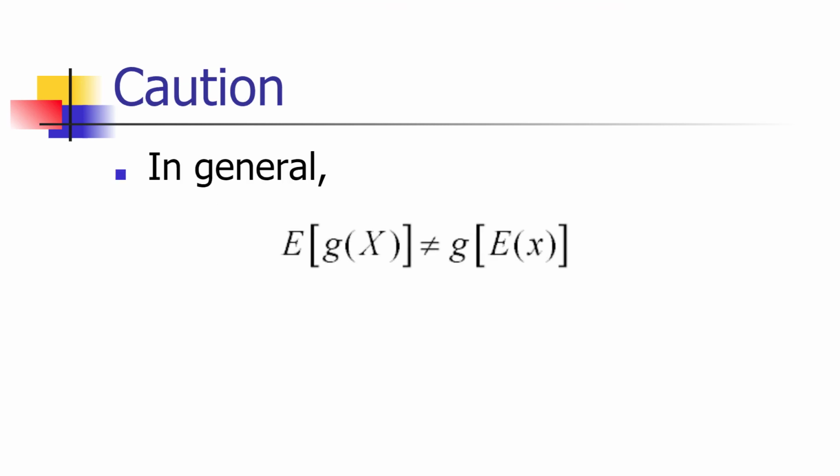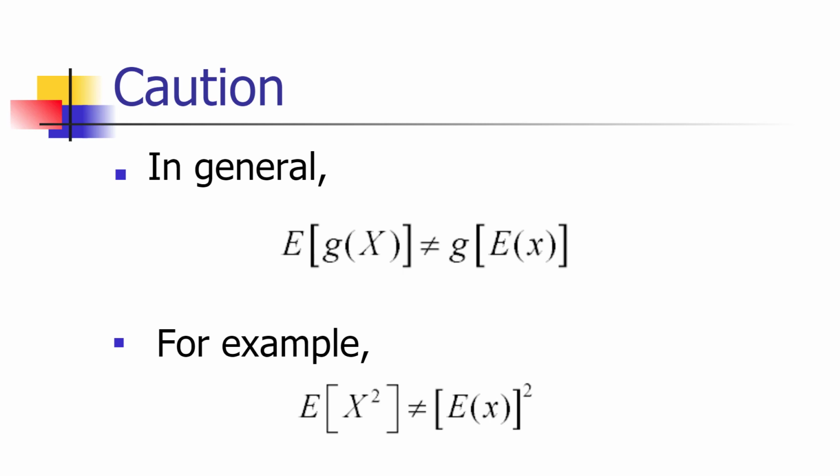We should note, though, that the expected value of g of x will not generally be equal to g of the expected value of x. For example, the expected value of the variable x squared is not the same as the square of the expected value of x. And a proof of that is contained in the textbook.